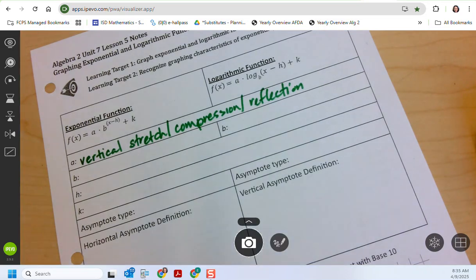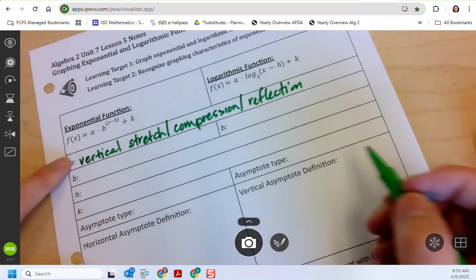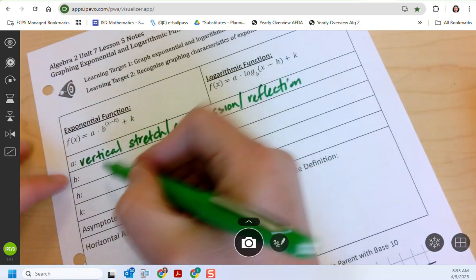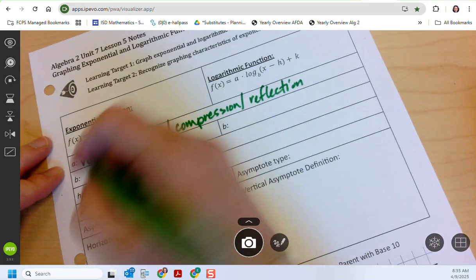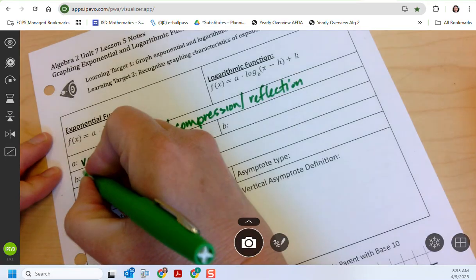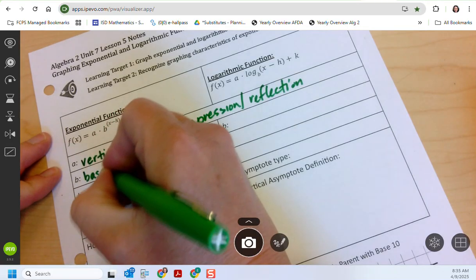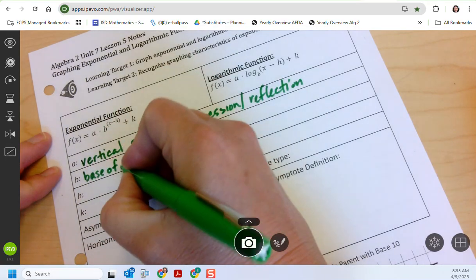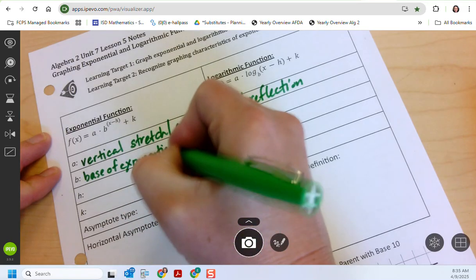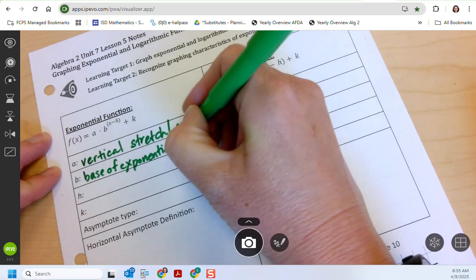Okay, so when graphing the exponential and the logarithmic functions, the A is your vertical stretch, compression, or reflection. The B is the base of the exponential function or the base of the logarithmic function. It is not a transformation.